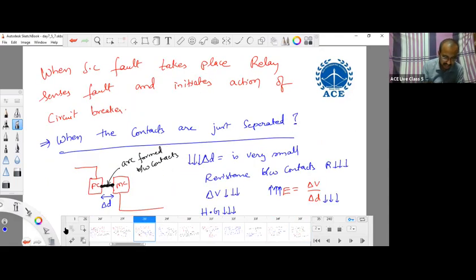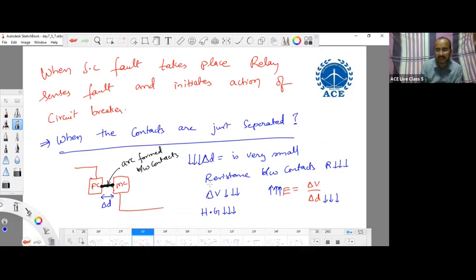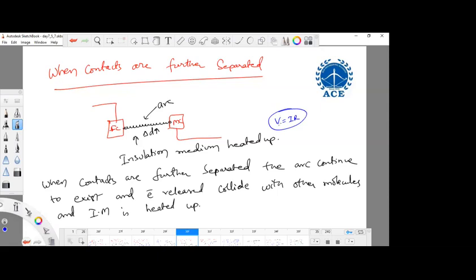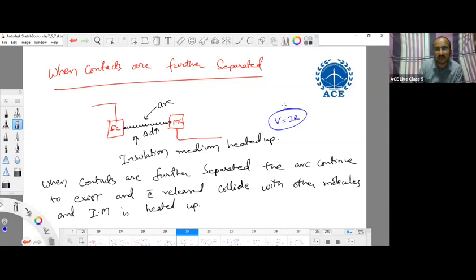So in the first case, the voltage drop is less because resistance is less. And even when the contacts are finally separated, here resistance is more, but the current will be less. V is equal to I into R. The voltage drop will be less because current is less here.